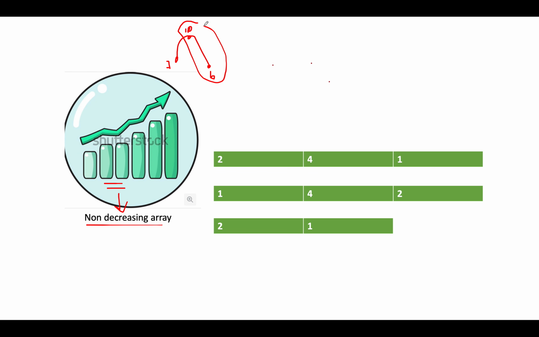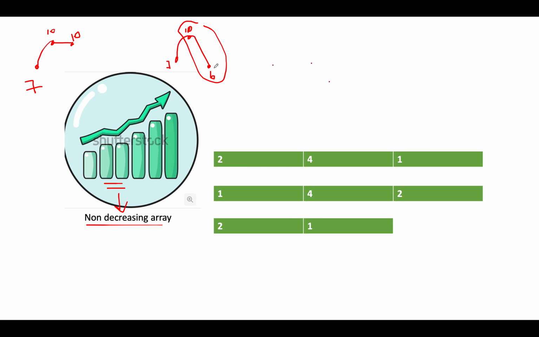And what are the two options available? One option is to make the 6 value equal to the 10 value. So something like this: 7, 10, 10. This time we are increasing the value of 6 so that the downhill trend is lost.